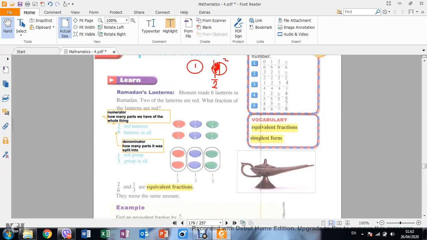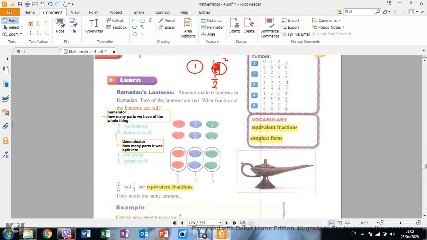I have 6 lanterns: 1, 2, 3, 4, 5, and 6. So the total number is 6, which means our denominator is 6.